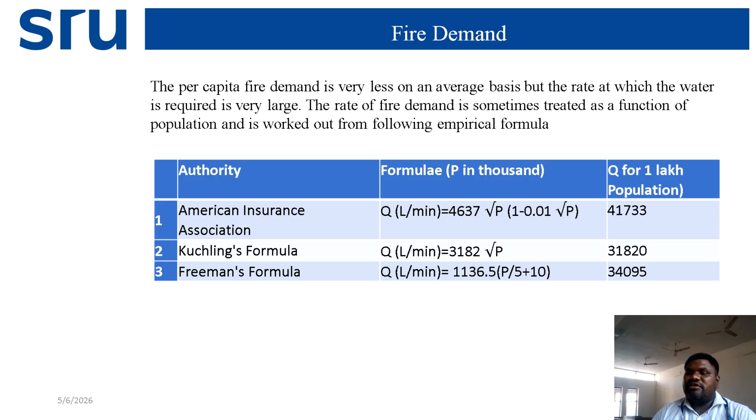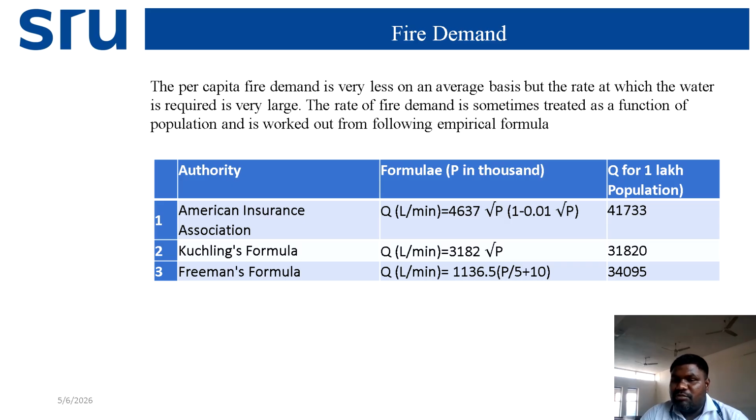Now, in particular incidents, maybe fire accidents, a large quantity of water is required at a time. For the calculation of this fire demand, there are three empirical equations: the American Insurance Association formula, the Nicotilling formula, and Freeman's formula.